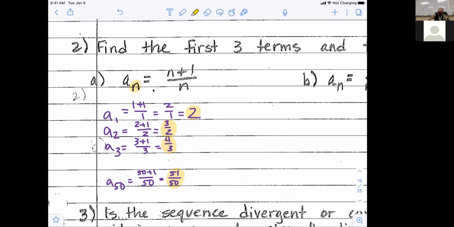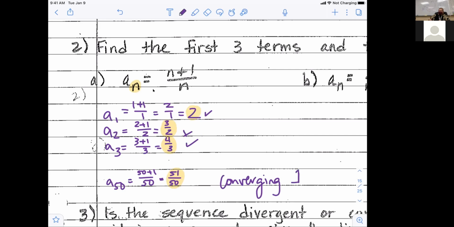I'm going to argue that this one right here is convergent. It's going to go towards one number. The first number we had was 2. Then we went to 1.5. Then we went to 1 1/3. And then we went to just barely 1. I'm going to argue that we are converging to 1.